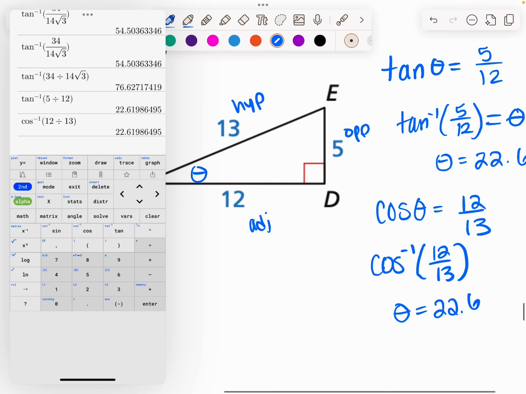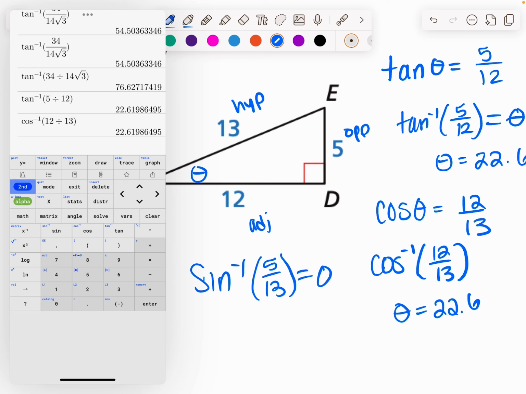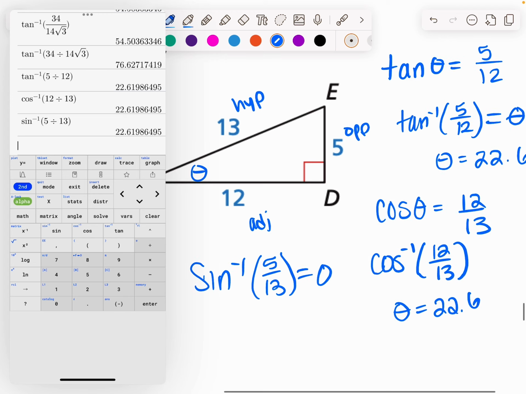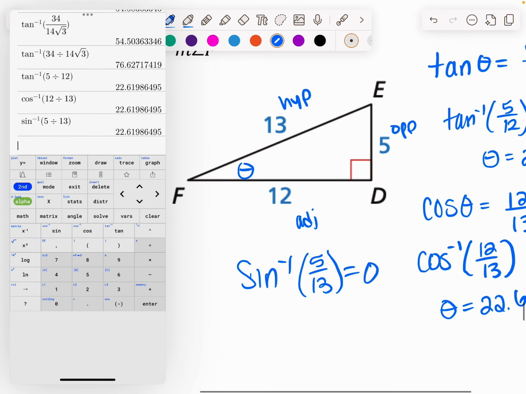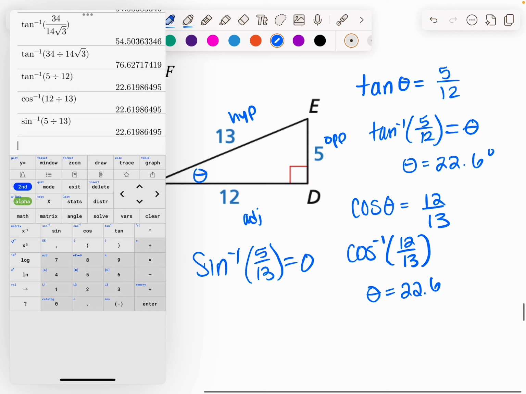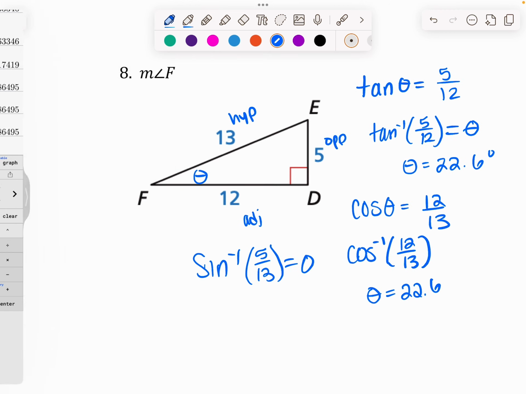Or you could do sine, which would be 5/13, so inverse sine of 5/13 will give you that answer as well. You could also find the angle E value and then subtract it from 90 to find angle F. So you have lots of options here. Practice using this inverse trig. It's pretty cool.